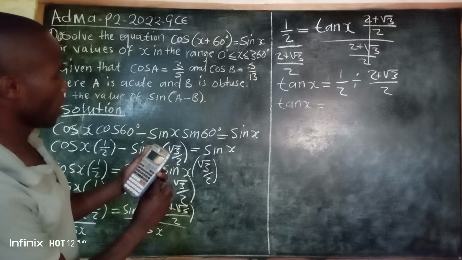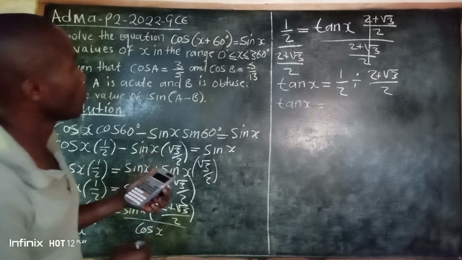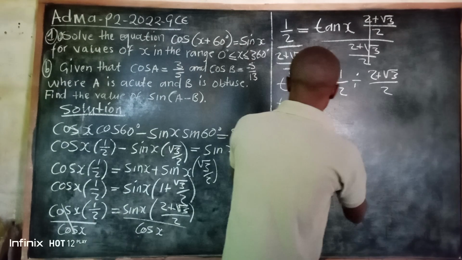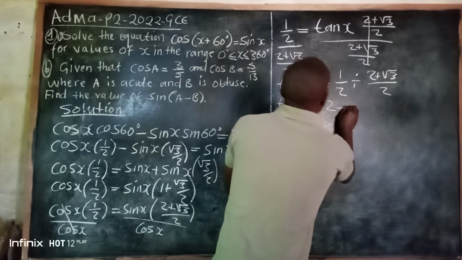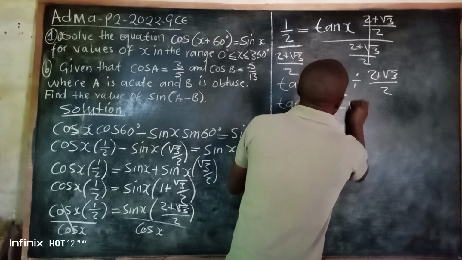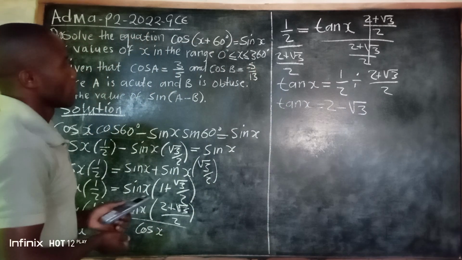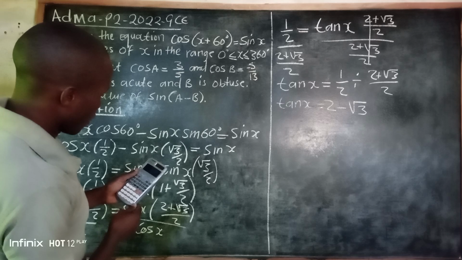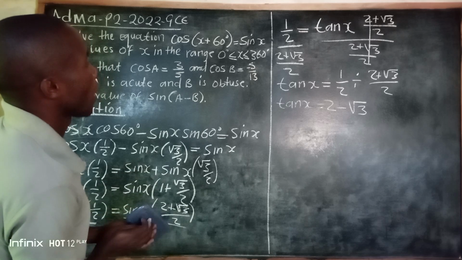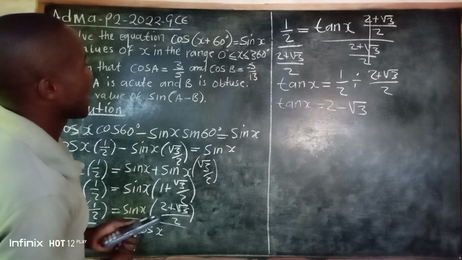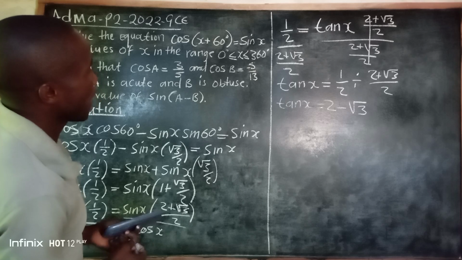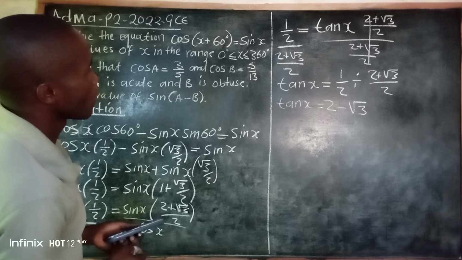So the answer is going to be 2 minus the root of 3. That will be the new expression that we are going to have. So tan x is equal to 2 minus the root of 3.